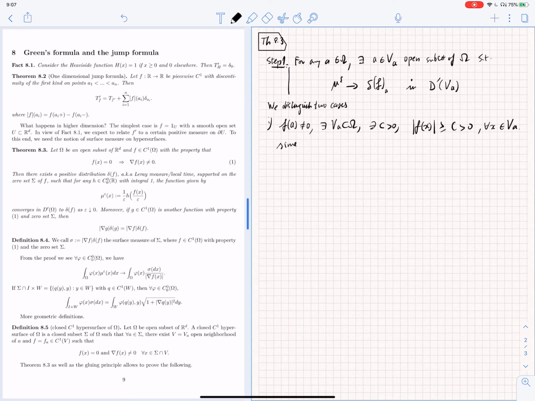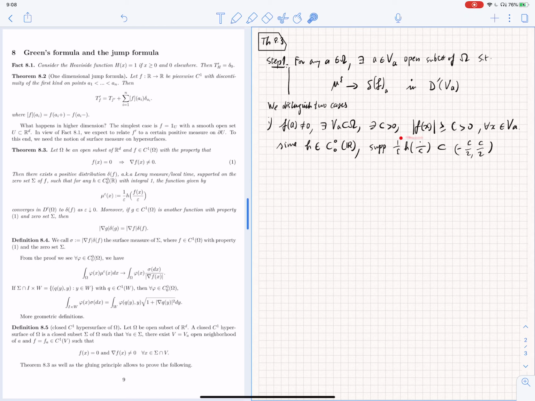And also, since the function h is taken to be continuous with compact support, we know that the support of this, 1 over epsilon h of something over epsilon, where this something is the variable of this function, will be contained in, say, negative C over 2 to C over 2.